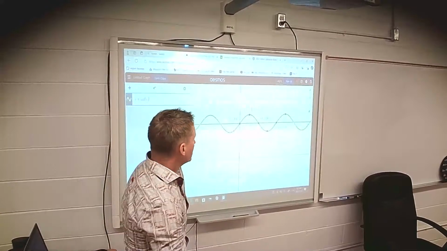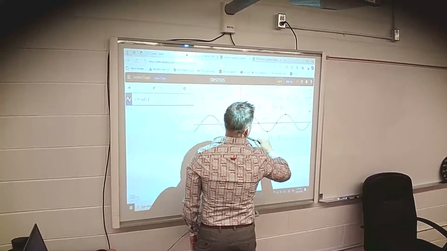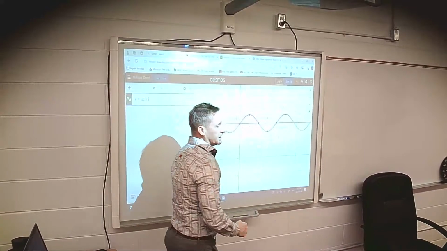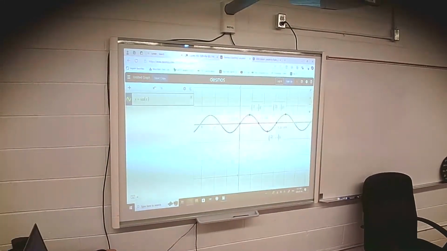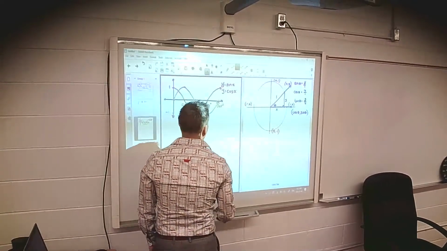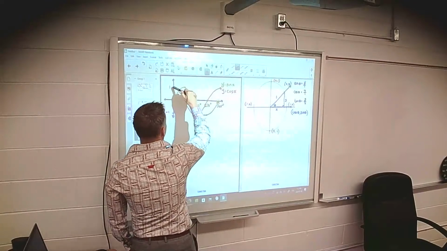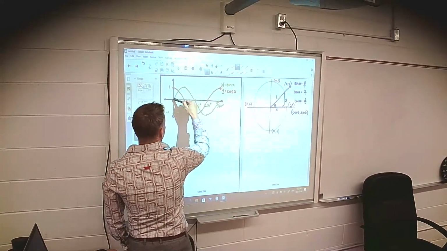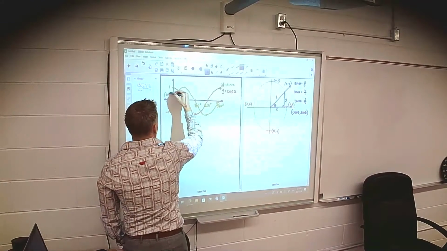Okay. The first value of each of these coordinates is the x value along this axis here. It is a measure value as an angle. So I did it by using degrees. 90. So let's do this one. This coordinate right here, 0 and 0.